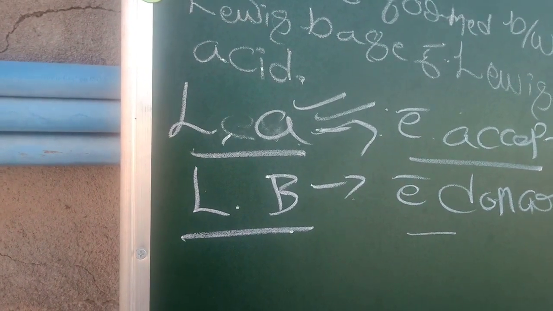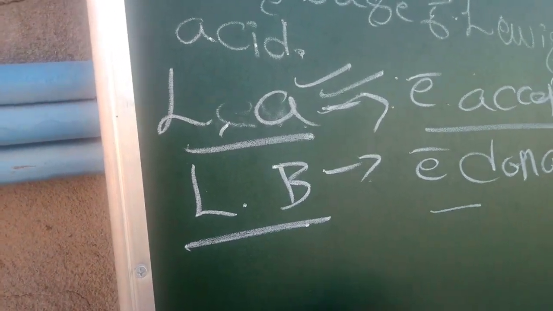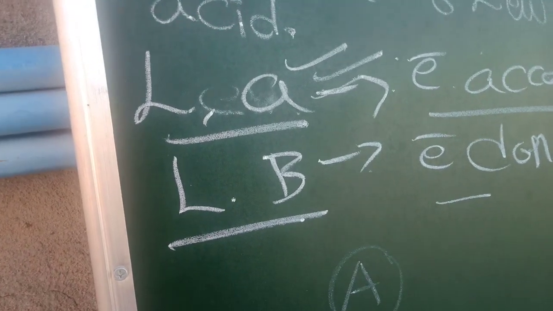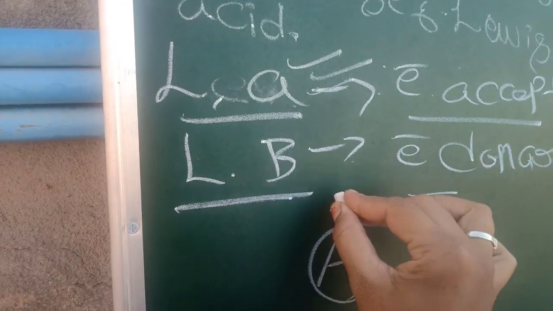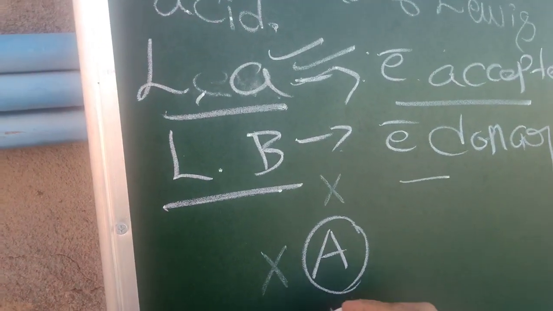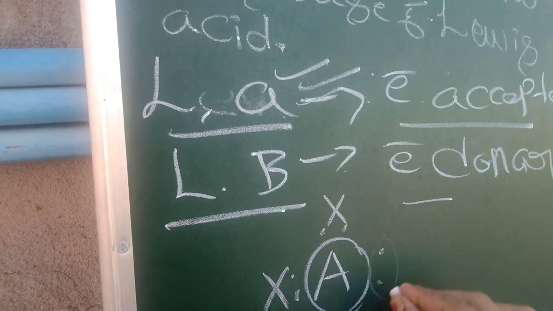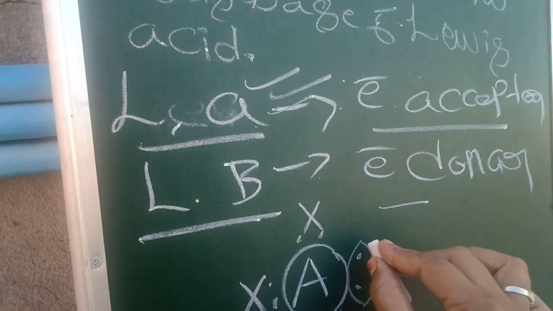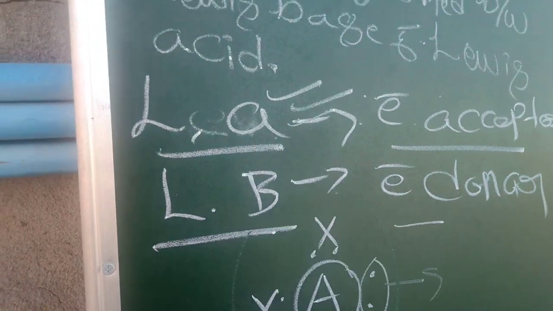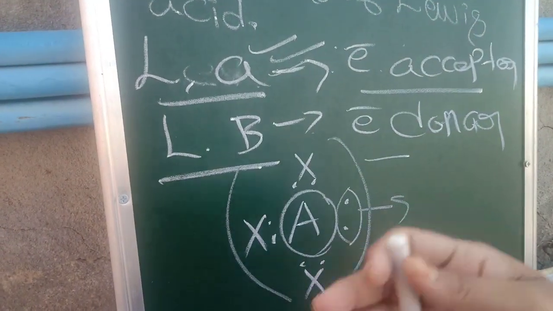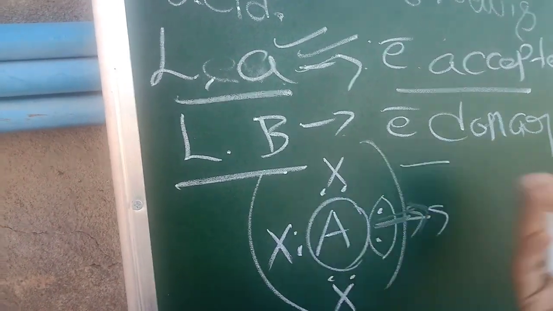Now I am taking a general example for Lewis acid and Lewis base. Here imagine A is a central metal atom or an ion. It contains one lone pair of electrons, so it is ready to donate this one pair of electrons to another molecule.